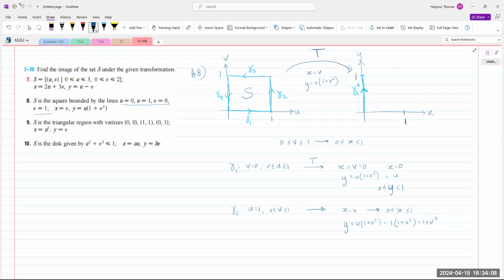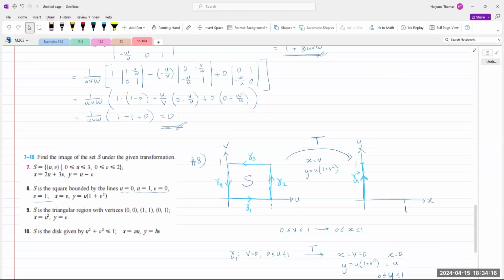My φ is x. So y equals 1 plus x squared. So the image of gamma 2 is this, y equals 1 plus x squared.